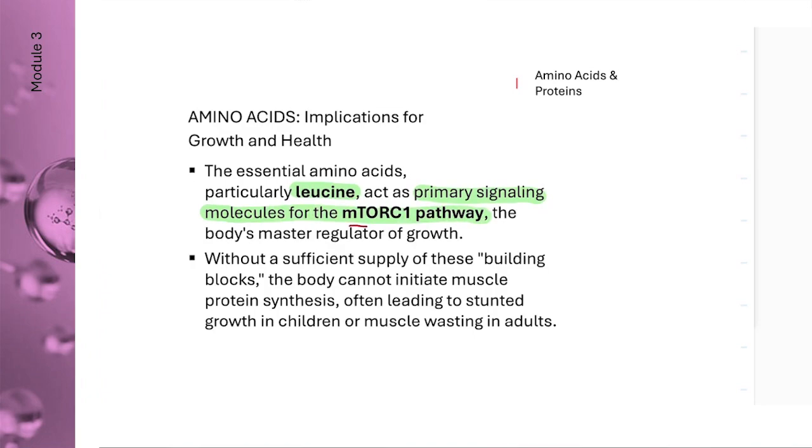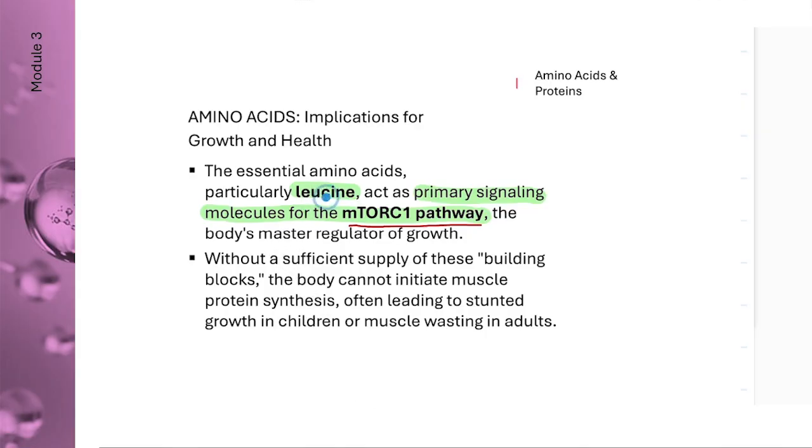The mTOR pathway is the body's master growth regulator, and it's a very complex pathway, but we call it mTORC1 pathway. And leucine is a very important amino acid for that pathway.